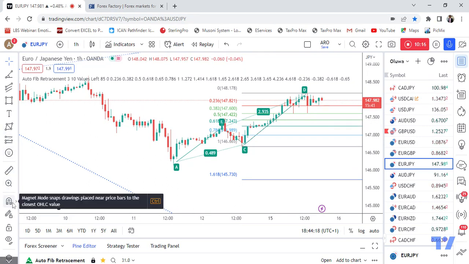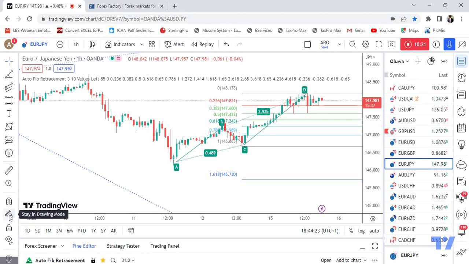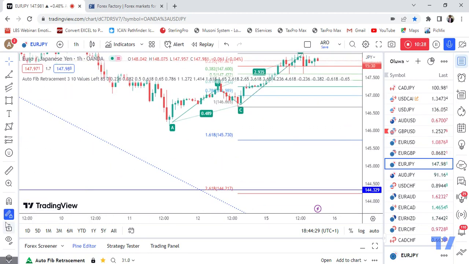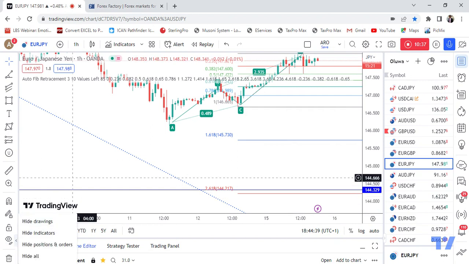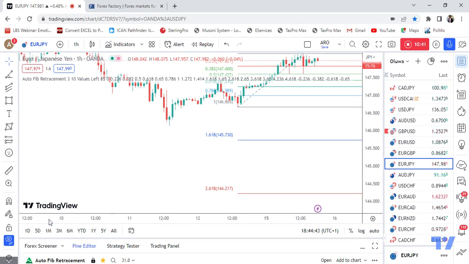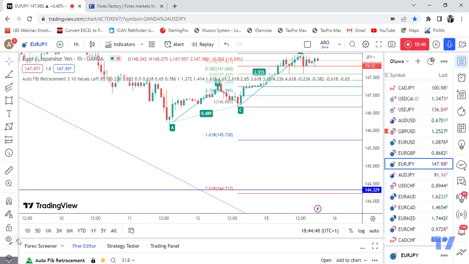Then you can use this magnetic mode as well. Then you can use stay in drawing mode. If I want to draw something on my chart, I use this, but it won't work because it's still... If I want to hide all the drawings on this chart, I can hide them, and you see that I've hidden those drawings. Then I say show to show them.